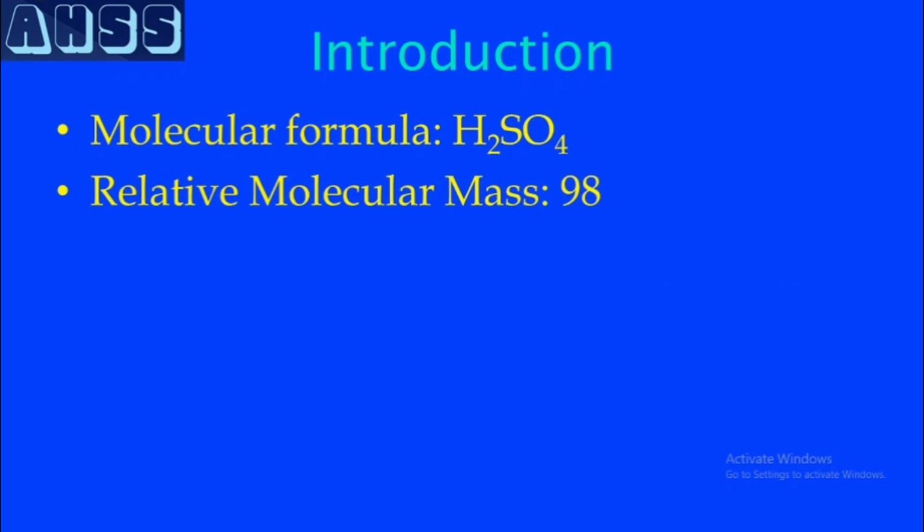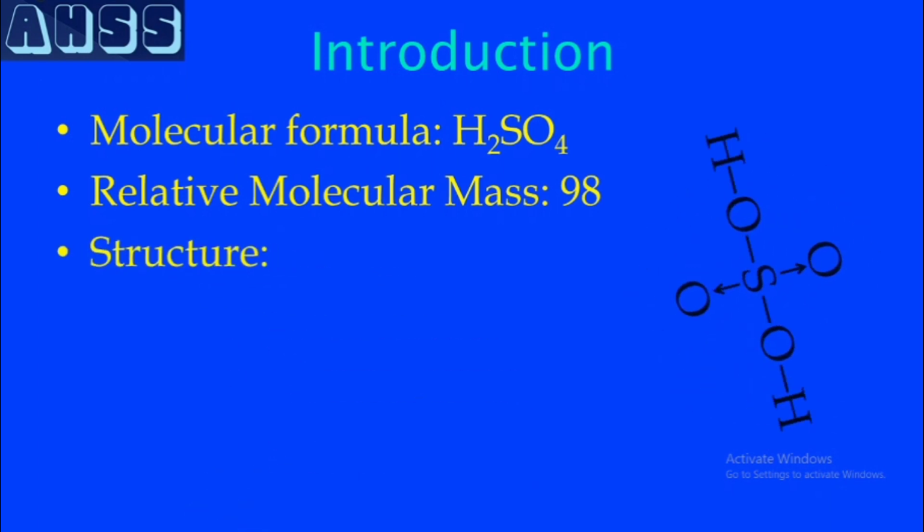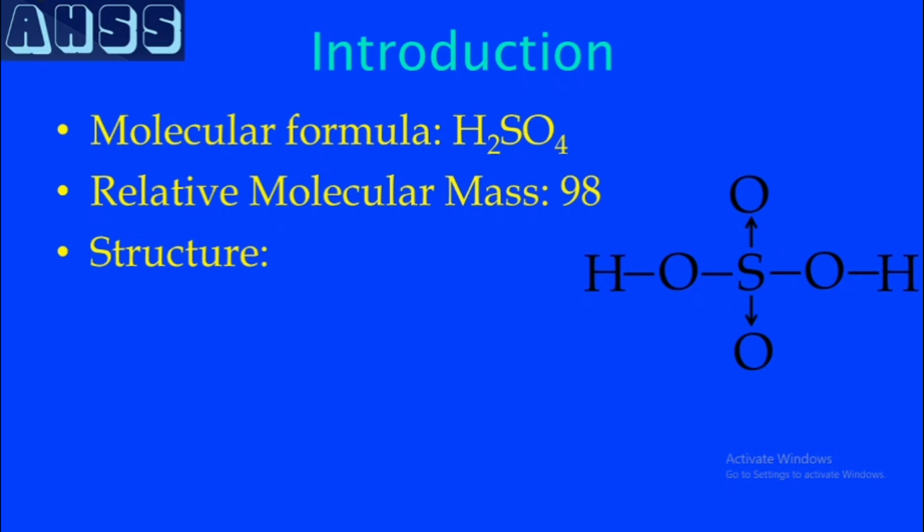The relative molecular mass of sulfuric acid is 98. Its atomic structure you can see on the screen. The four oxygen atoms are attached to the sulfur atom and the two hydrogen atoms are attached to two oxygen atoms.